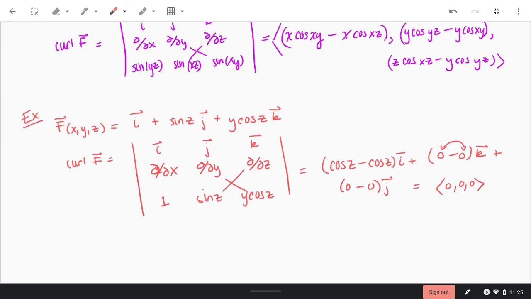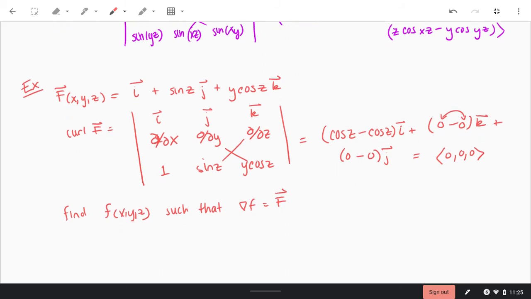All right, so we know that it's conservative, so now we can find that, remember that lowercase f of x, y, z, such that the gradient of f is that big F. Okay, so remember we do that with integration.